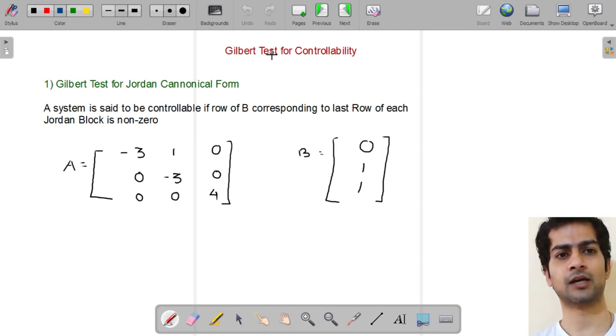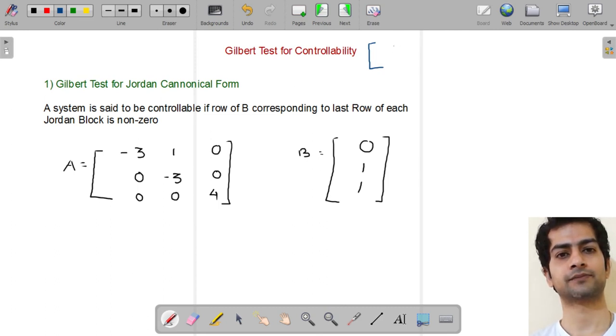And in the exam, first let's see where the Gilbert test can be applied. So the Gilbert test for controllability can be applied for two canonical forms.